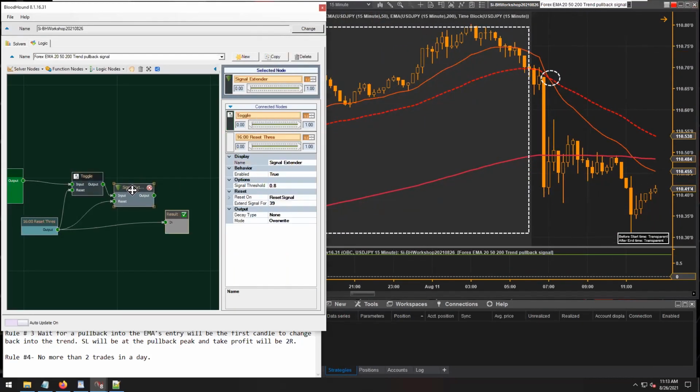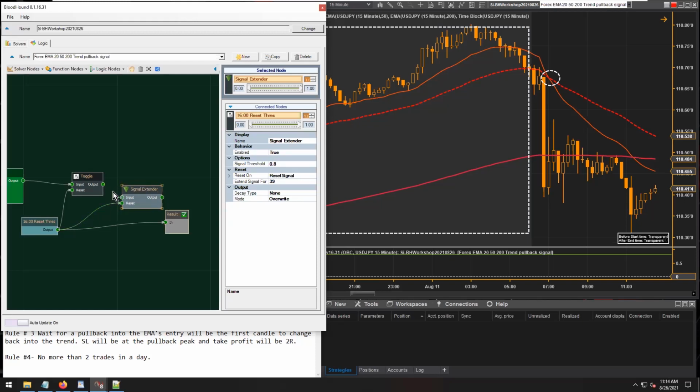But then for the signal extender, let's see here.